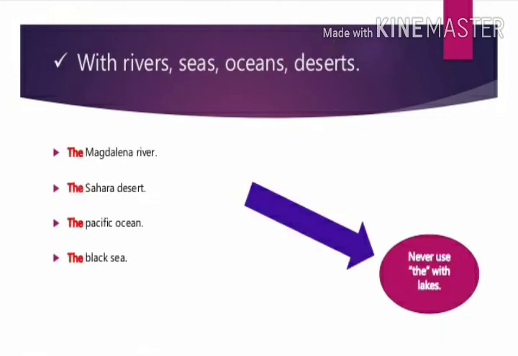We use "the" with rivers, seas, oceans, deserts. For example, the Magdalena River, the Sahara Desert, the Pacific Ocean, the Black Sea. Note, never use "the" with lakes.